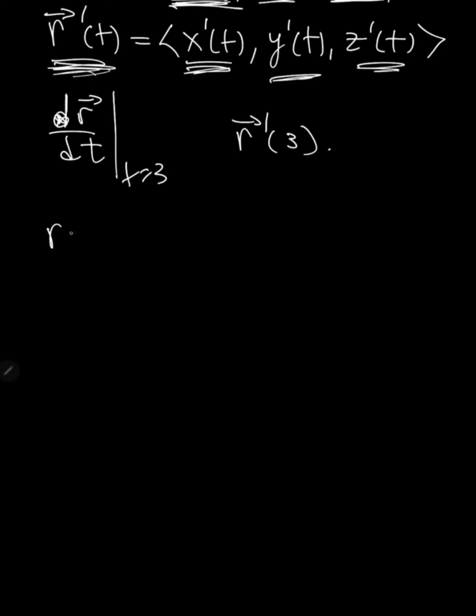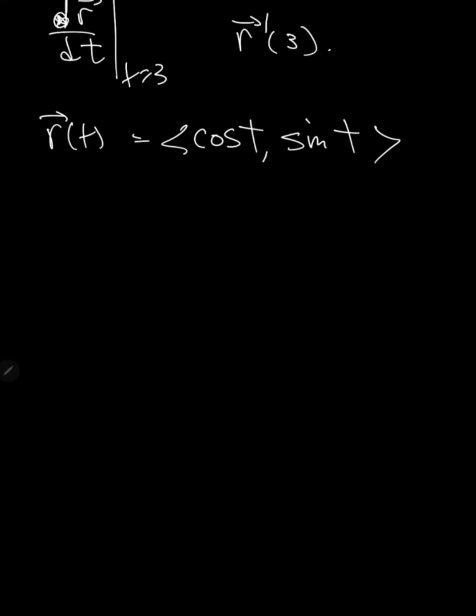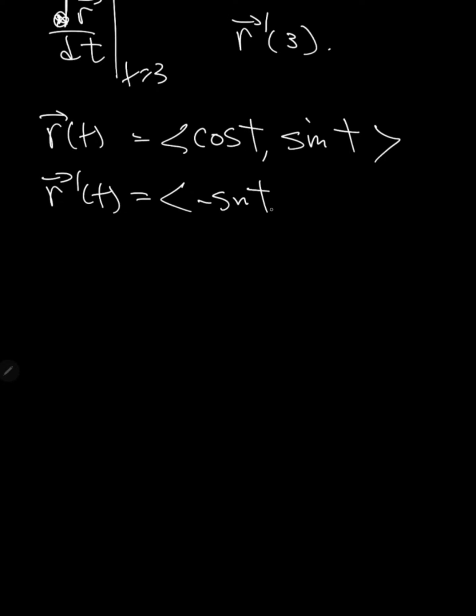Let me just do one example. r of t equals our favorite vector valued function. So again, this is motion counterclockwise around a circle. r prime of t is just going to be the derivative of cosine is minus sine, and then comma, the derivative of sine is cosine. And that's it. You're all set.